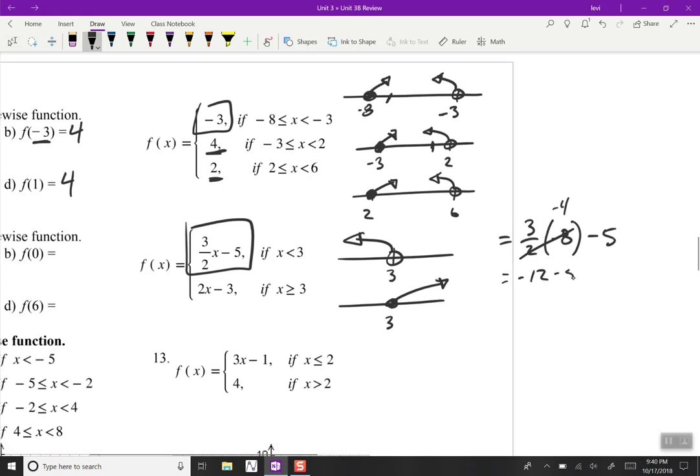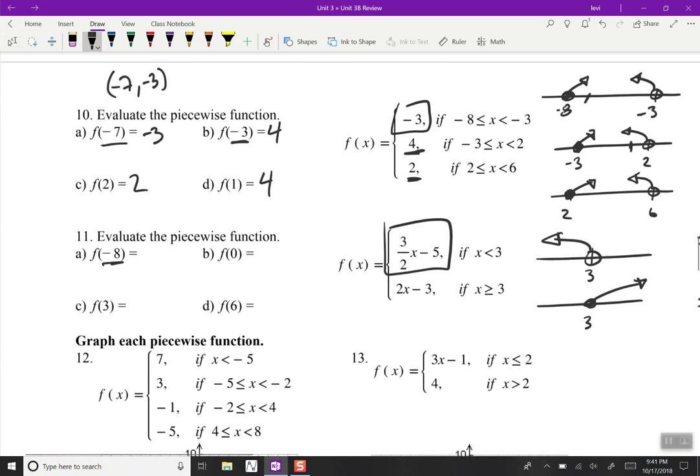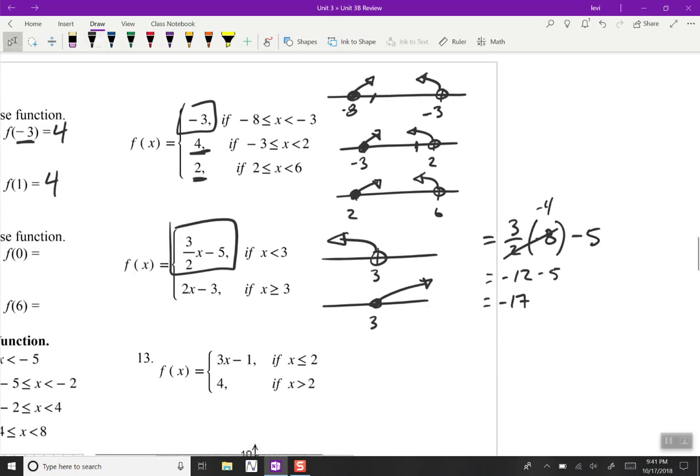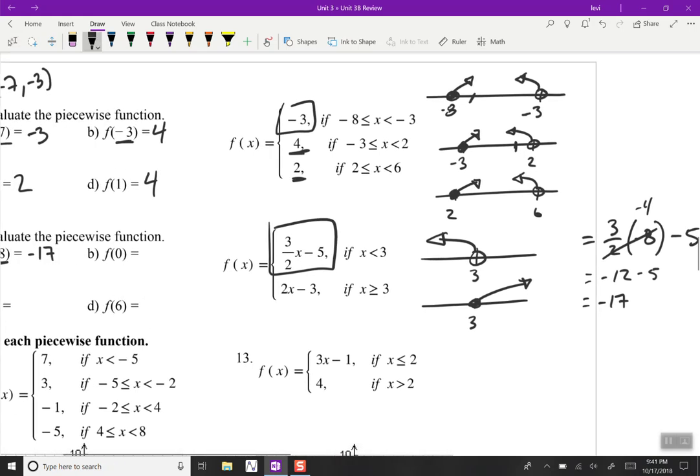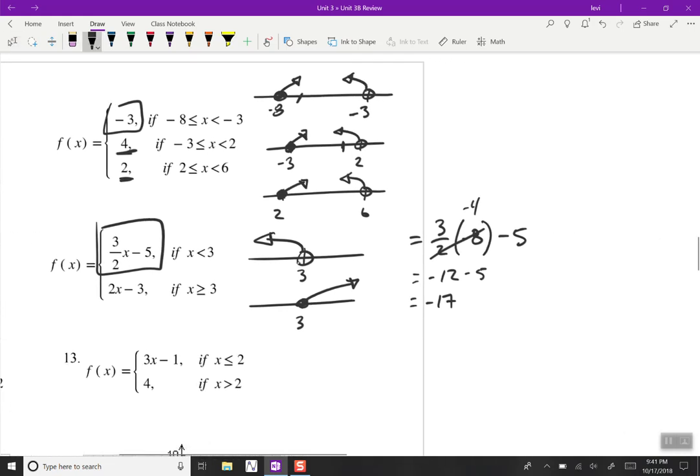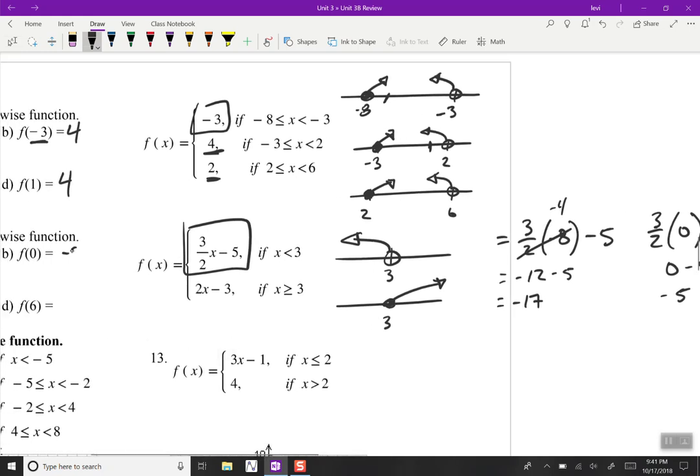Minus 5 makes -17. So this is -17 here. That's our work shown. Same thing on the next one. F of 0, well, 0 is less than 3 as well, so we do the same one. 3 halves times 0 this time, minus 5. That's 0 minus 5 is -5. So that's -5.